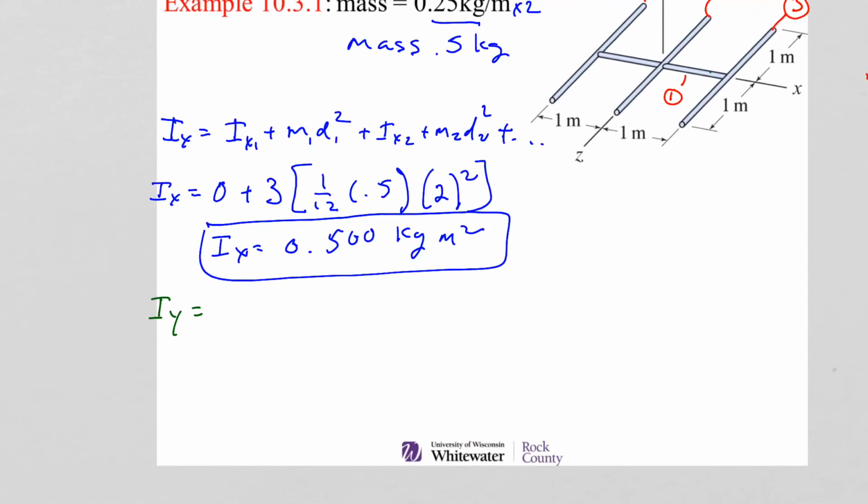For shape 1, I will have 1/12 the mass, 0.5 kilograms, times the length squared in meters squared. That is for shape 1, and it's right at that location, so there is no parallel axis for it.